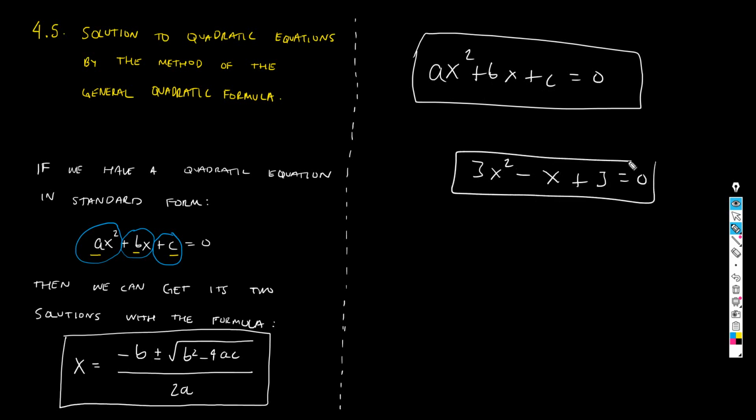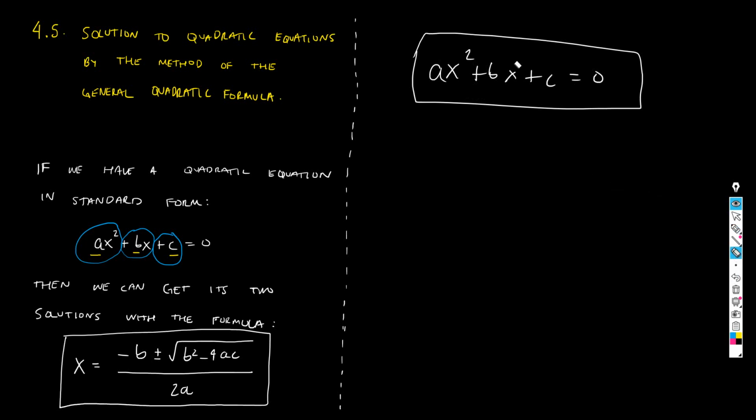If you take this equation in general and standard form and apply the process of completing the perfect square trinomial, you make sure that the coefficient of x squared is 1.